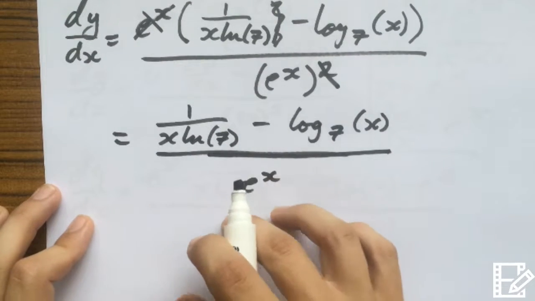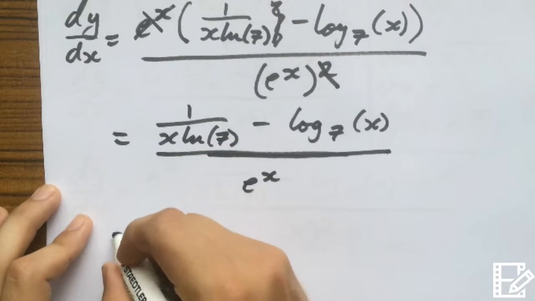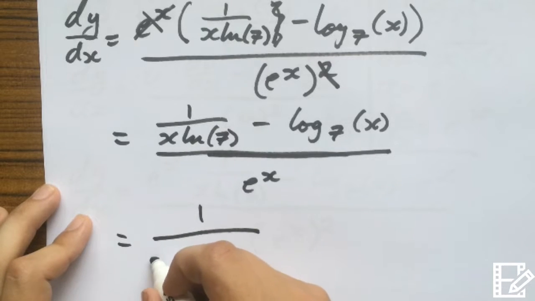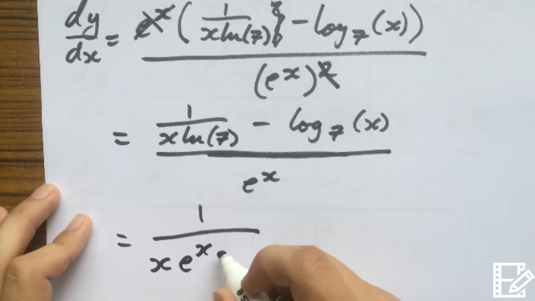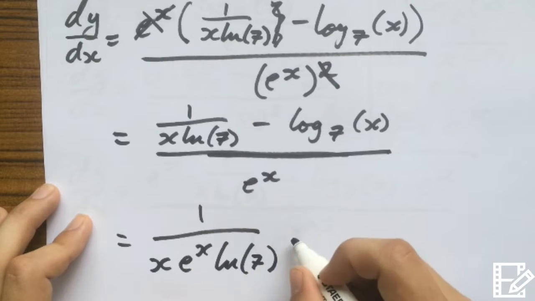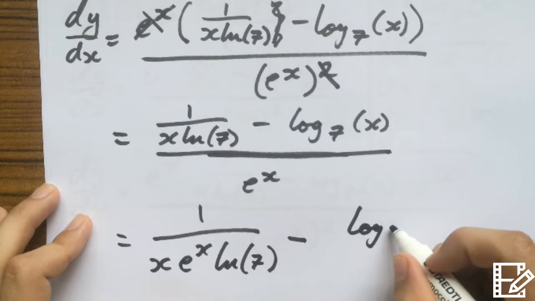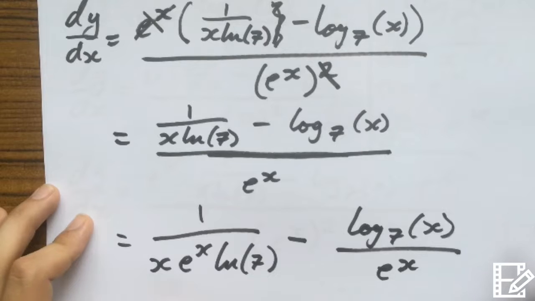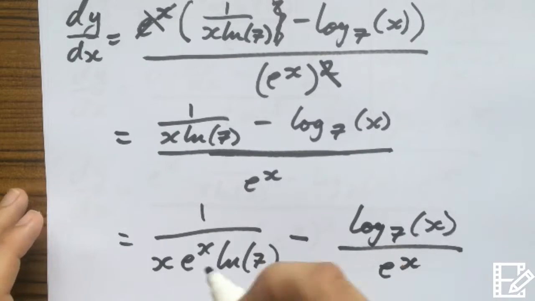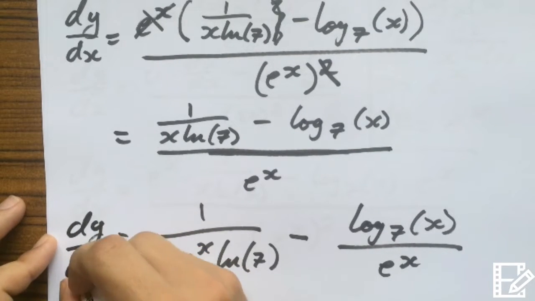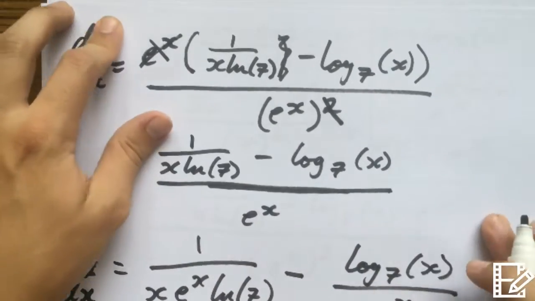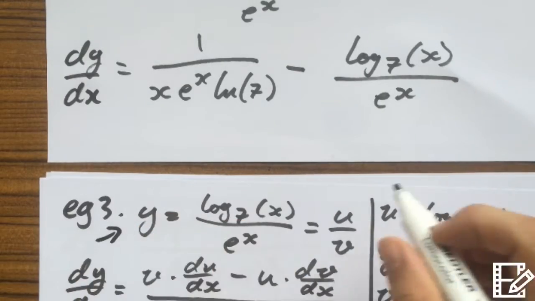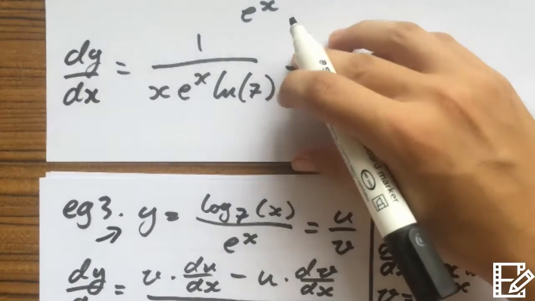I'm going to simplify this a step further just by bringing this under, and we'll end up with 1 over x e to the x ln 7 minus log to the base of 7x all over e to the x. And that is the first derivative of this function here. Thanks for watching. I hope this helped.